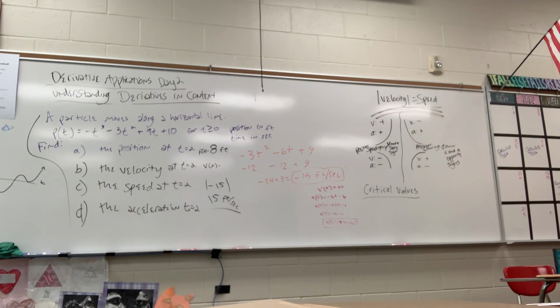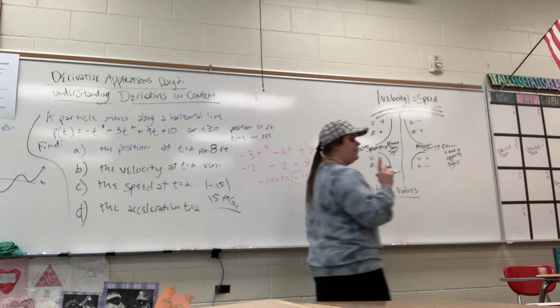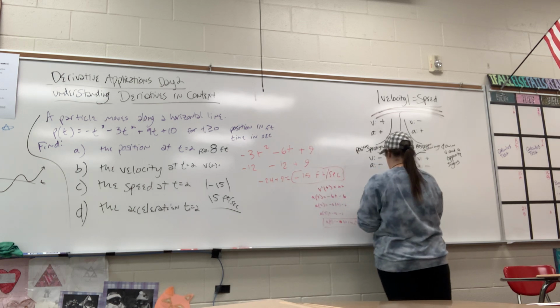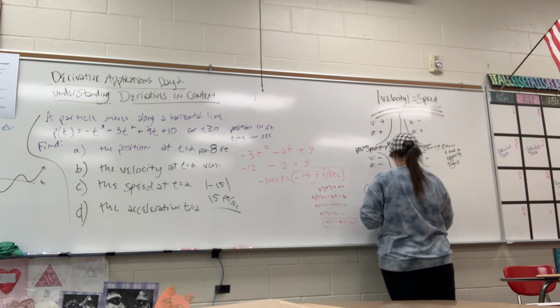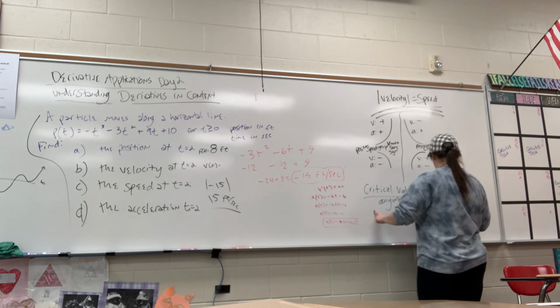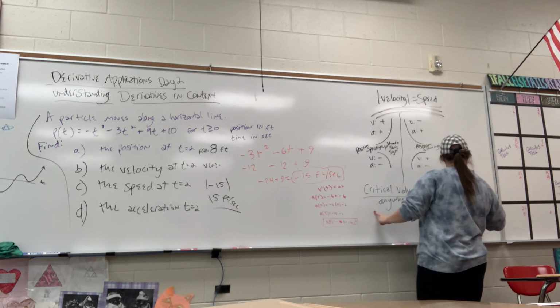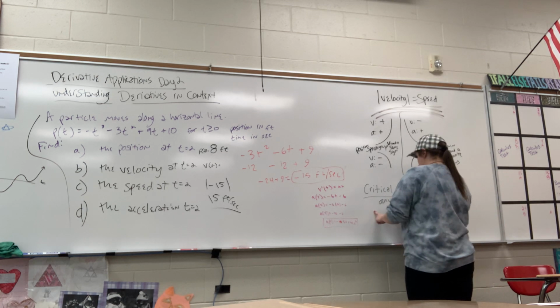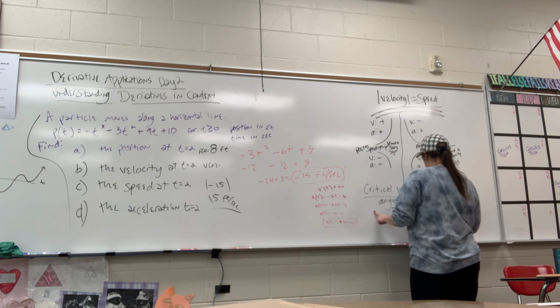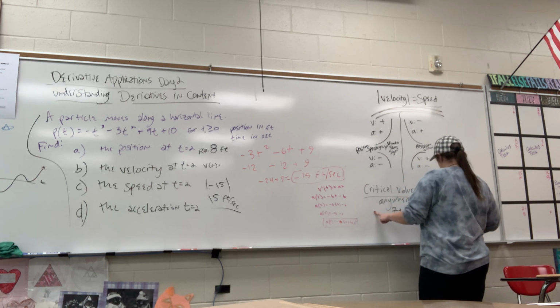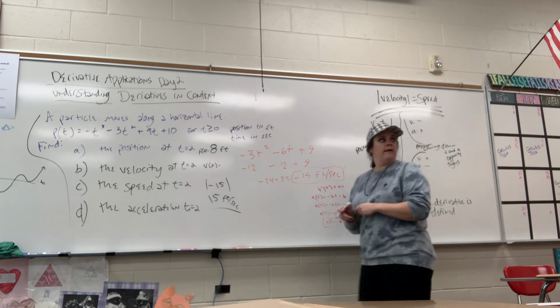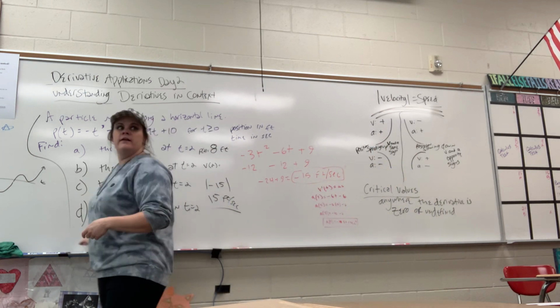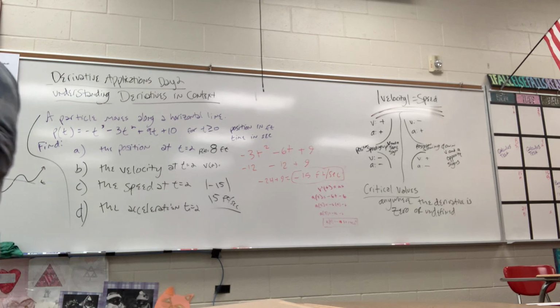But now critical values, for the rest of the year, that vocab word only has one meaning. It's anywhere the derivative is 0 or undefined. Good? So no longer about if it is x-intercept, y-intercept, it's if it's 0 or undefined.